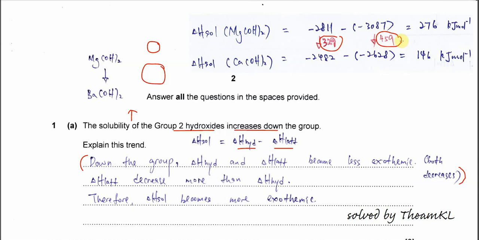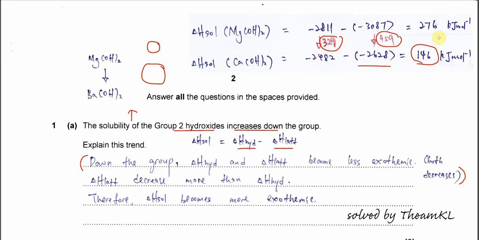If you don't understand, please refer to the values. Because the lattice energy decreases more, the lattice energy for calcium hydroxide is smaller. These negative values of hydration enthalpy are added to a smaller value, so eventually it gives a more exothermic value compared to magnesium hydroxide.